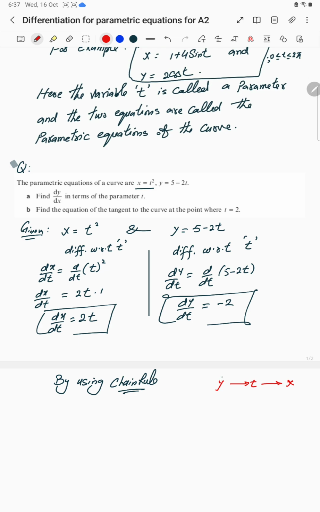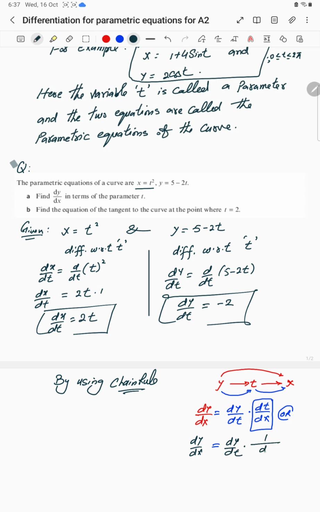And we are interested in finding dy by dx. What? dy by dx, first and last. t is a sandwich between the two variables. So that can be calculated as dy by dx is equal to dy by dt times dt by dx, or you can write this term as dy by dx is equal to dy by dt times 1 over dx by dt.